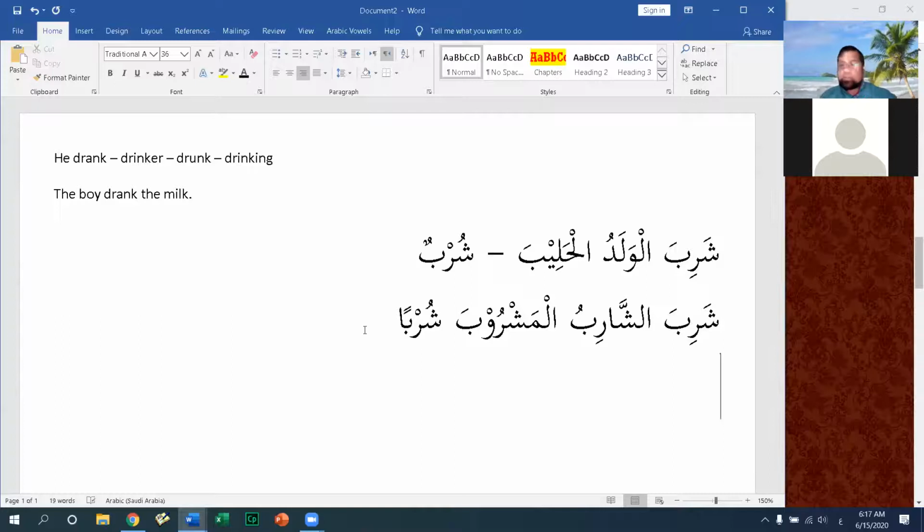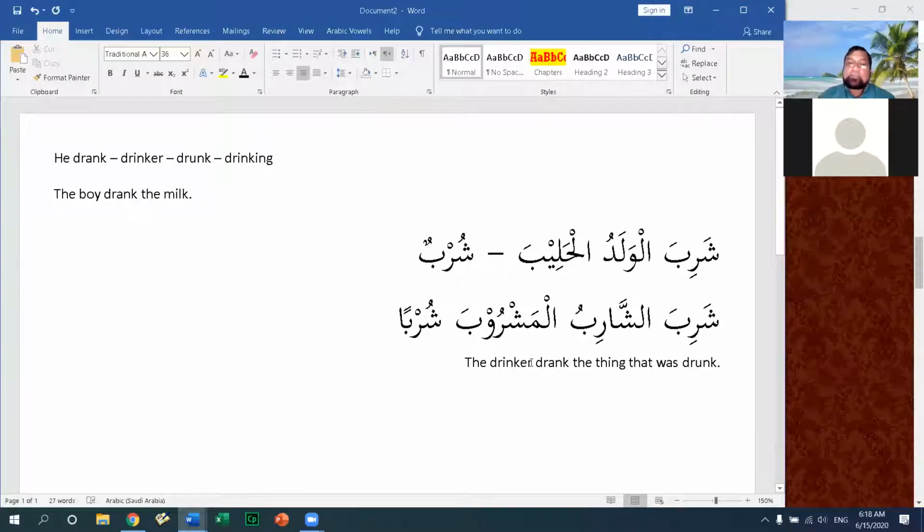What it means, if we were to translate it, is the drinker drank the drunk, the thing that was drunk. And we emphasize it. This shurban, we use the masdar to emphasize it.